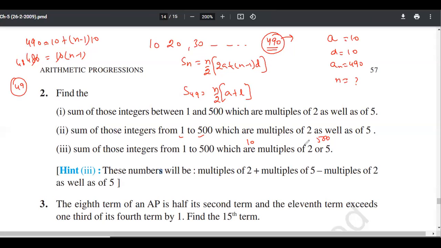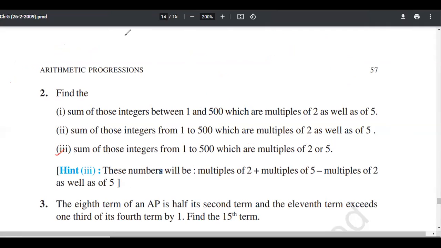So first of all you have to calculate the whole multiple of 2, then the whole multiple of 5, and then you have to remove the multiple, because जब आप इसमें करेंगे तो आपके पास कुछ ऐसे आएंगे कि आपको 2 का मल्टीपल भी चाहिए और 5 का मल्टीपल भी चाहिए, तो 2 का मल्टीपल हमारा स्टार्ट हो जाएगा 2 से, और 500 भी काउंट की जाएगी, so 1 then 2 then 4 and then 5 and then 6 then 8 and then 10 and then 12 and so on, but it is not an AP, ये AP नहीं है, आप इसमें इंक्लूड नहीं कर सकते.